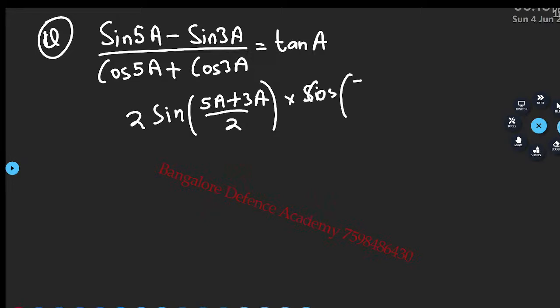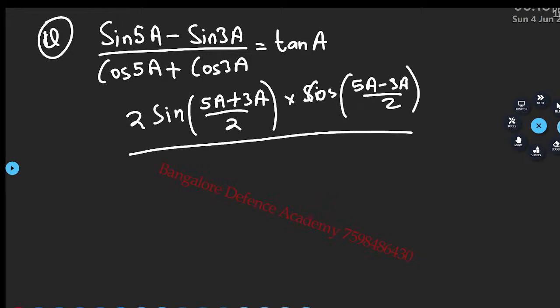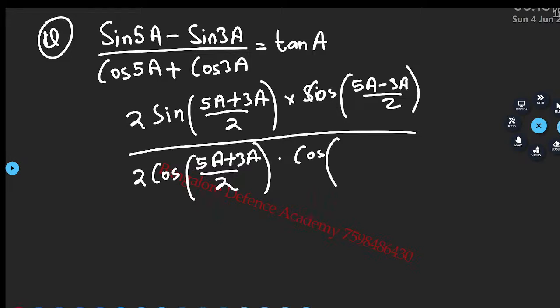Cos of 5a minus 3a divided by 2, and here whole divided by 2 cos of 5a plus 3a divided by 2, and here you get cos of 5a minus 3a by 2.